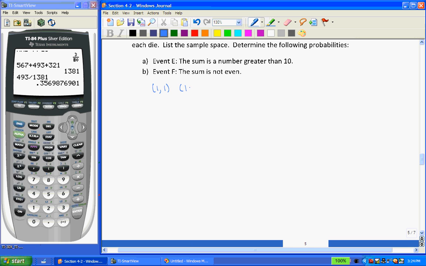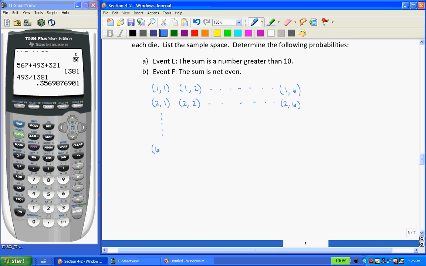I could get 1 on the first die and 2 on the second die. And if you can figure out the pattern here, this sample space is kind of big, so you don't have to write down every single value if you don't want to, but this goes all the way down to 1, 6. Well, then it could be 2 on the first die and 1 on the second, 2 on the first die and 2 on the second, all the way down to 2, 6.